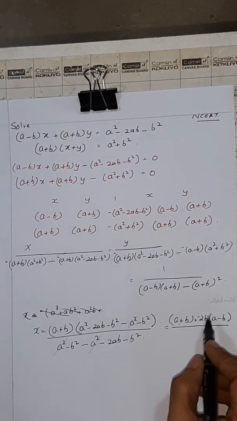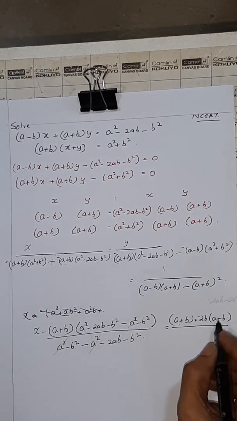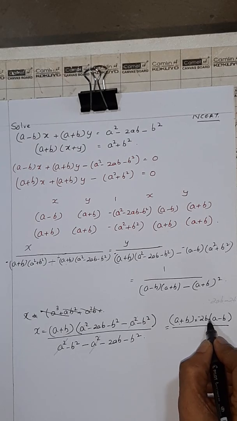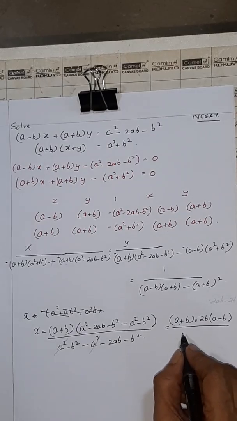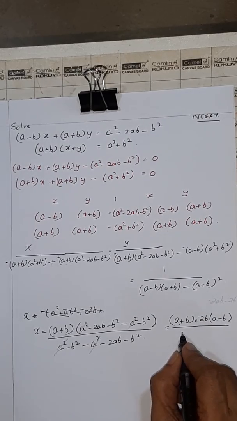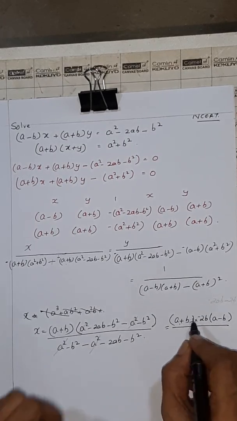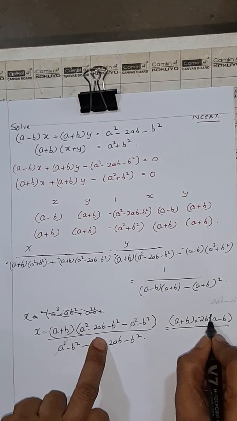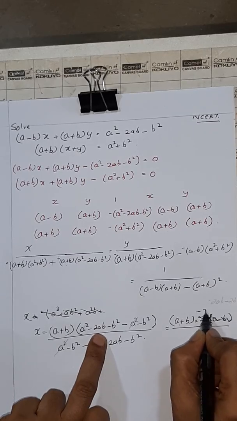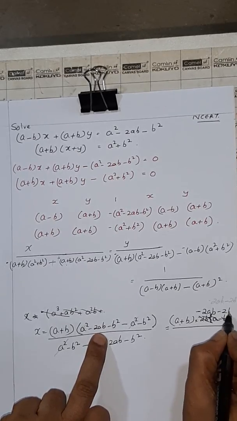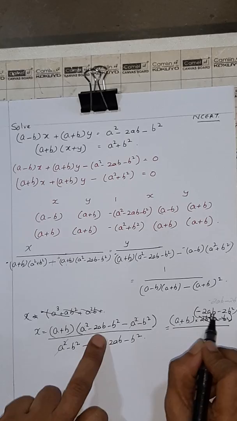Even if I do not write it also it will be fine. So I can write this as 2ab, so minus 2ab minus 2b squared, this is the term.